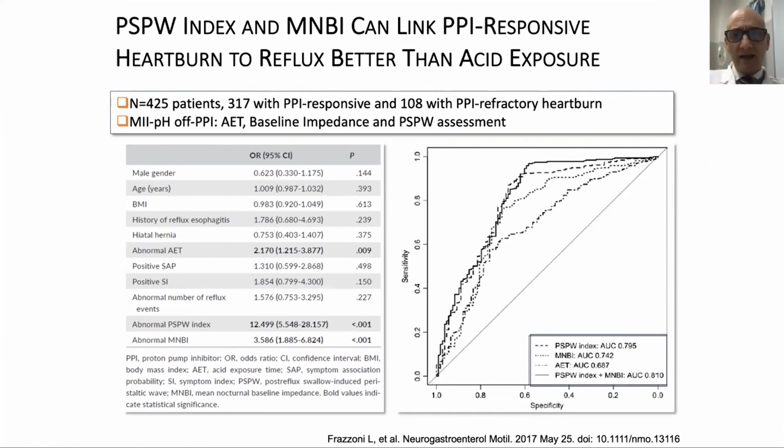And the ROC analysis showed that acid exposure time, PSPW index, and MNBI were the only factors able to predict PPI responsiveness. But PSPW index and MNBI, both separately or combined, were superior to acid exposure time in predicting PPI responsiveness.